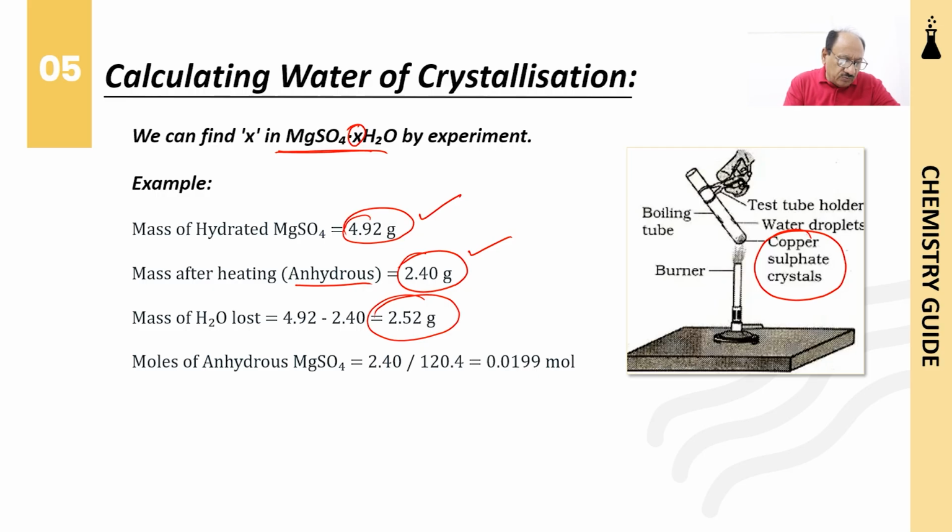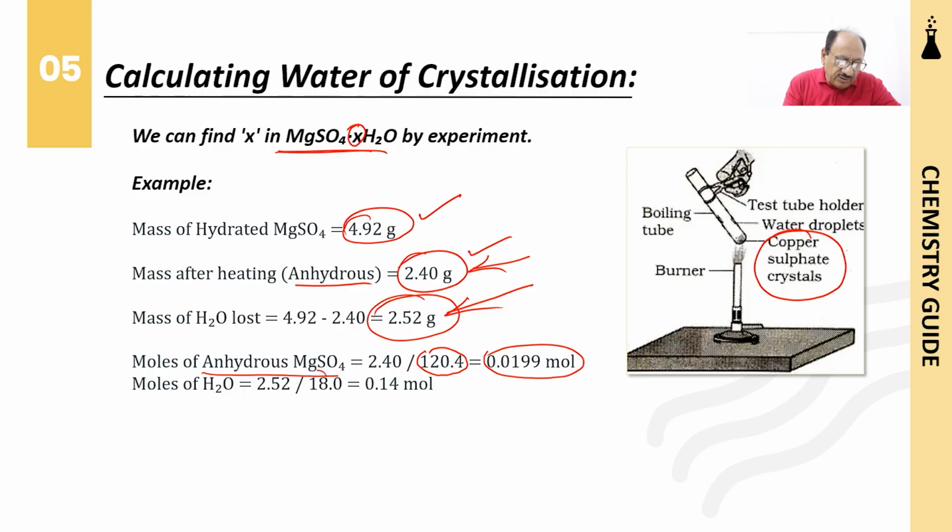We can convert this to number of moles. The 2.40 grams of anhydrous magnesium sulfate is divided by the molar mass of magnesium sulfate, and we get 0.0199 moles.